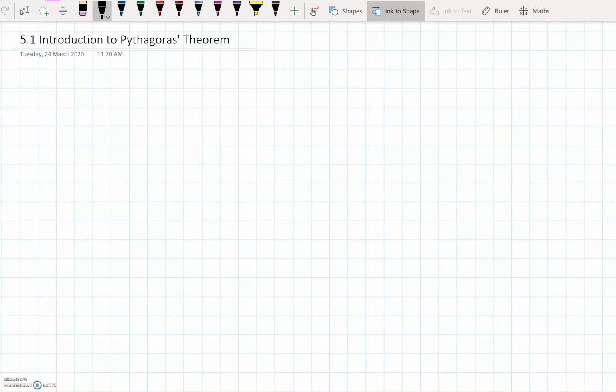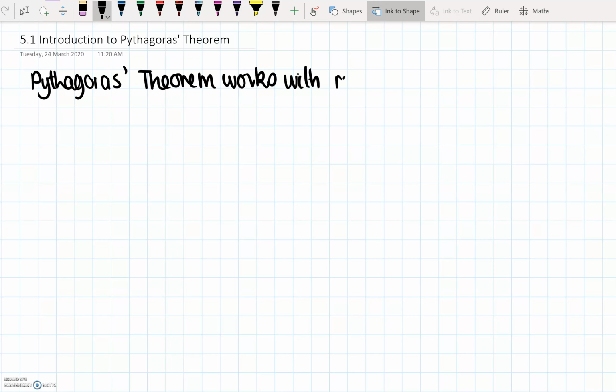Okay, so firstly, Pythagoras theorem works with right-angled triangles. Okay, so that's what we're going to be looking at today.